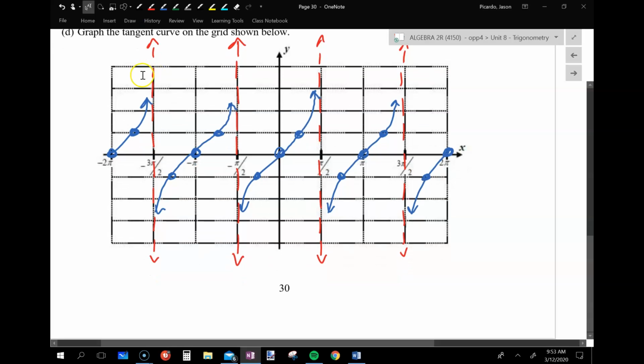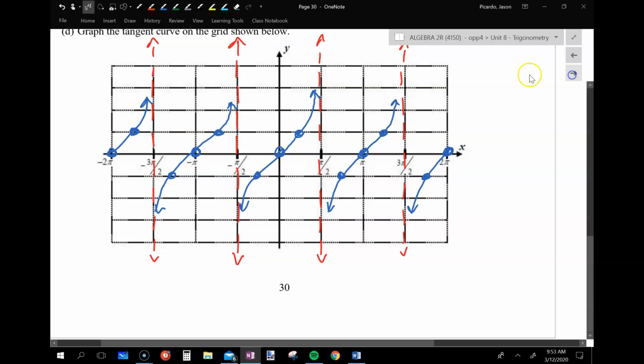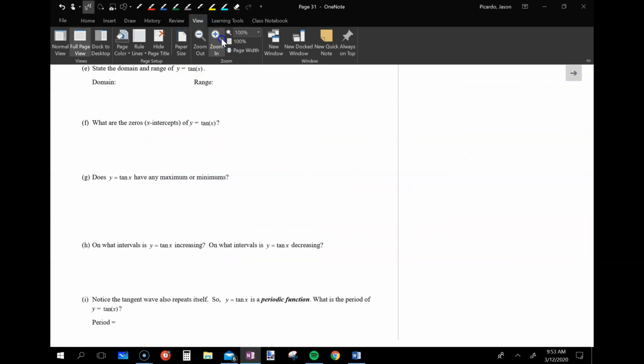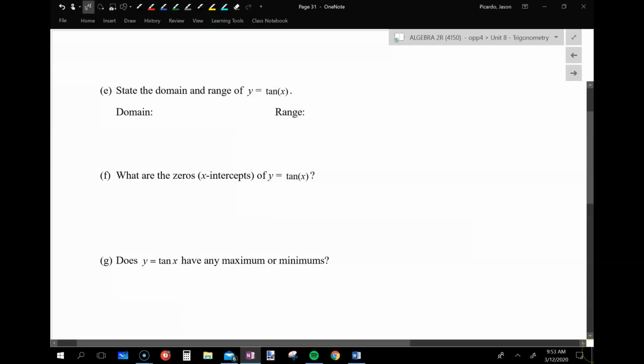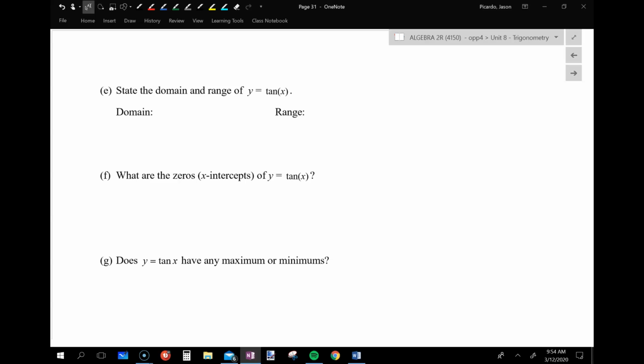That's exactly what we're going to do. So we're going to answer some questions about what we just did in that picture. So first of all, the domain. The domain's weird. Guys, is every possible value of x allowed in tangent? No, because we had some undefineds, didn't we?